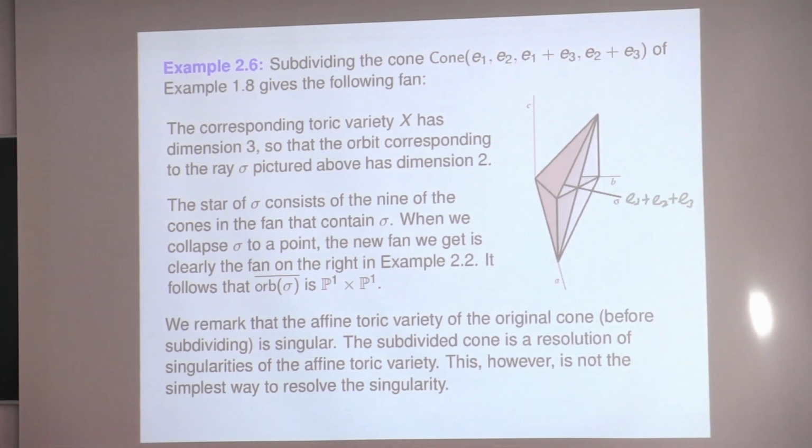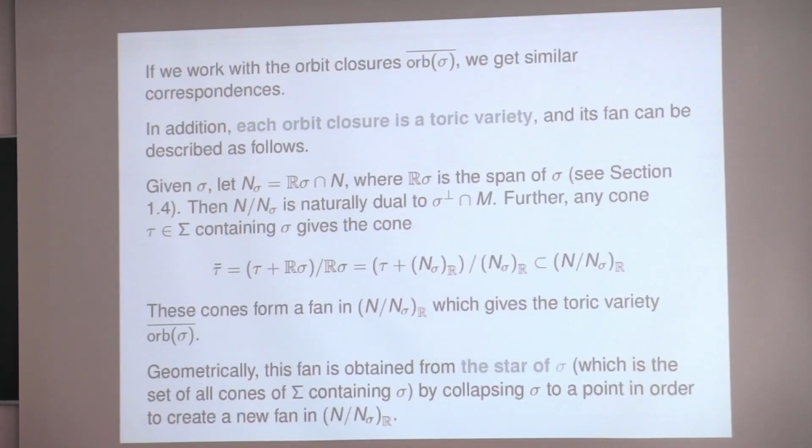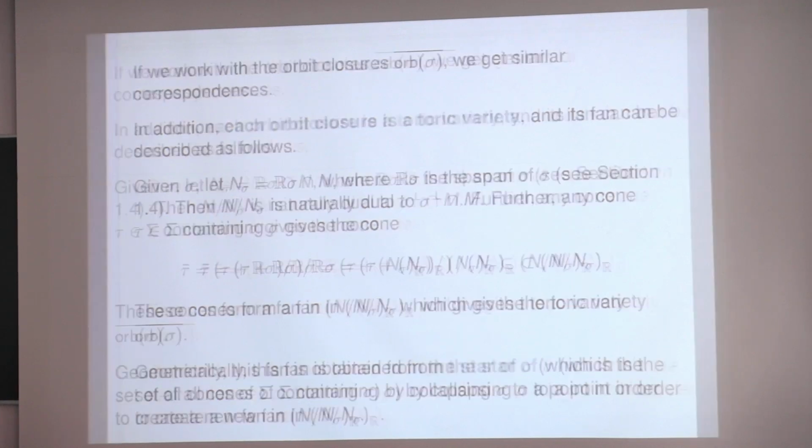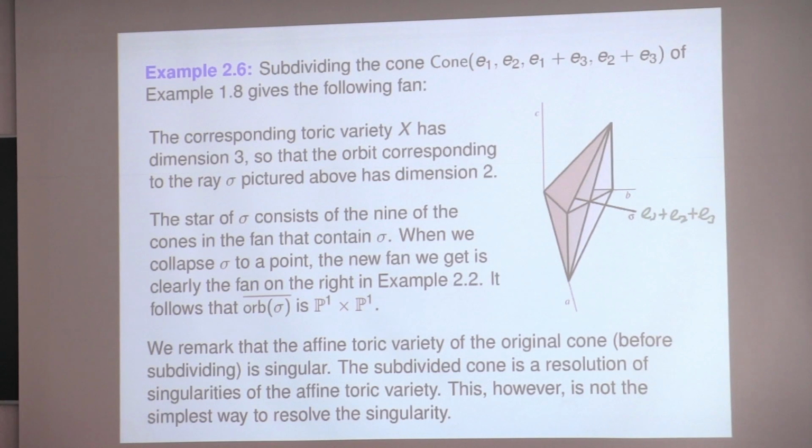Anyway, we can forget about that and just pretend that this is the starting point. And then the question is, let's go back and work this out. What is the toric variety structure for the orbit corresponding to the following cone, the red one over there? The corresponding toric variety of this has dimension 3.